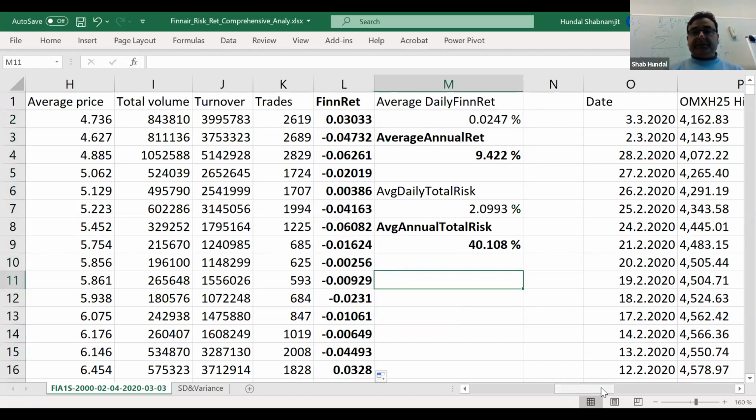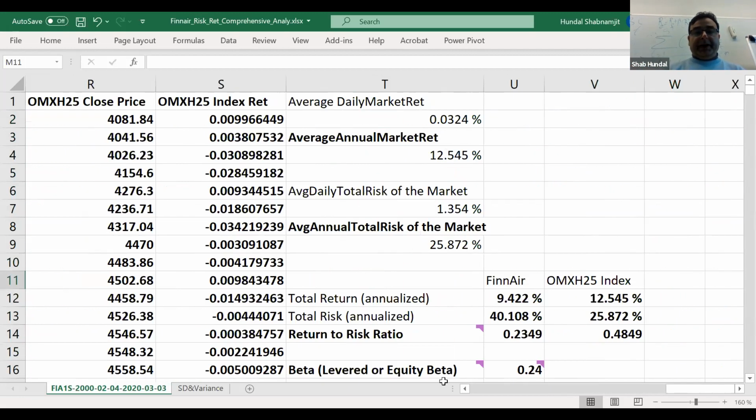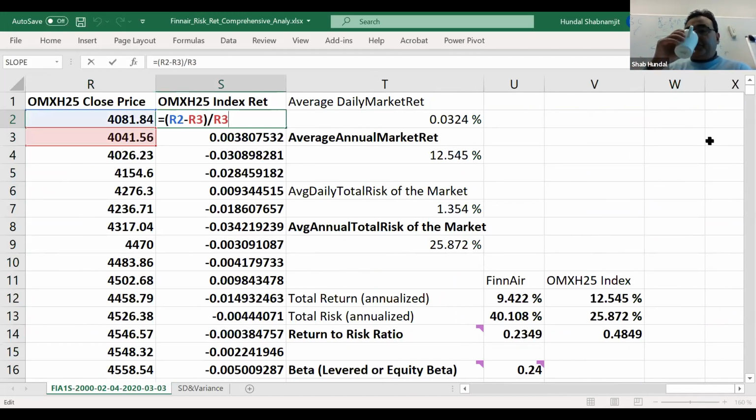The same way, we have the index value, but we also calculate the index return. We have the index return. Once again, the current value, first of all, bracket starts.